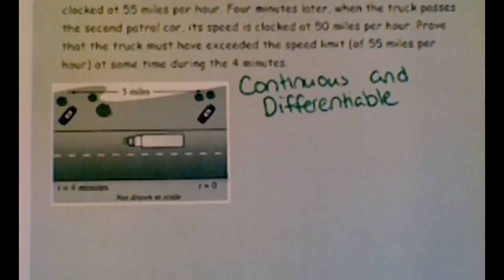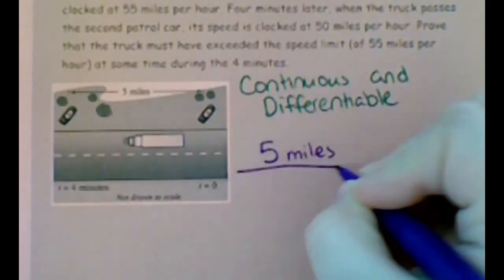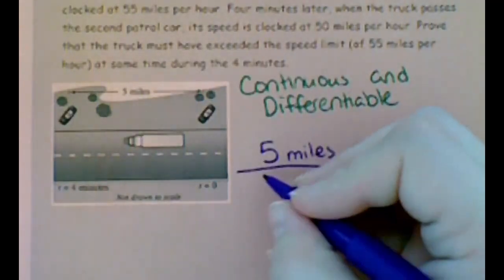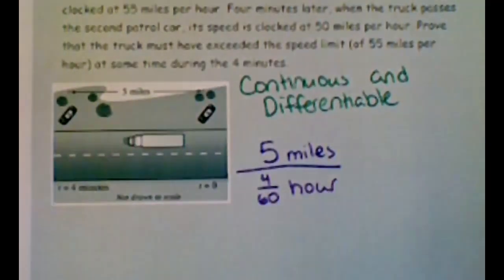Well, average rate of change for miles per hour is how many miles he went in how many hours. Well, he went 5 miles because it says they were 5 miles apart. Miles over hours. Well, he was 4 minutes. So 4 minutes is 4/60ths of an hour. So we have 5 divided by 4/60ths.